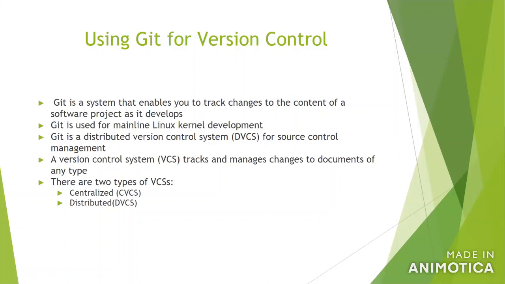So that means multiple software developers can work on the same project, and by using the Git system, they can maintain the development version of the software. Okay, so Git is a distributed version control system.